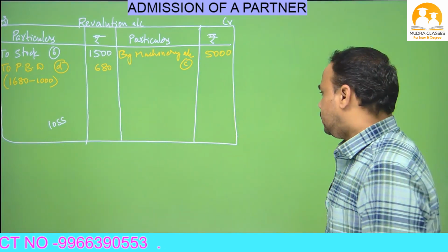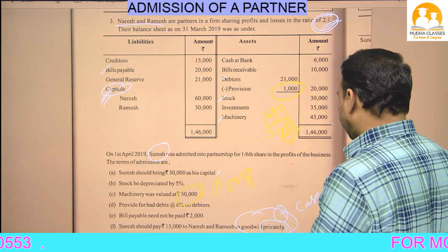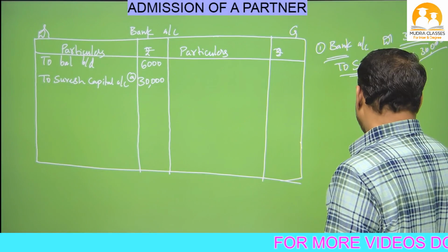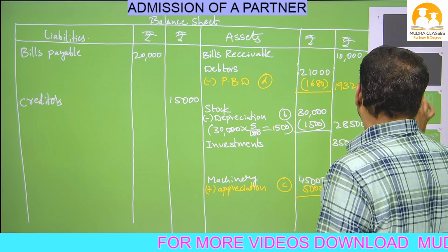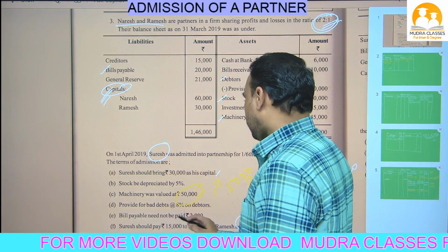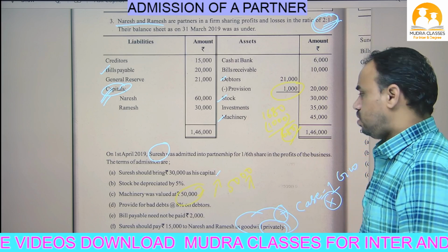Okay, next let's see the next transaction. What is the next transaction given, beta? Bills payable need not be paid 2,000 rupees. Bills payable need not be paid 2,000 rupees, said in the question.